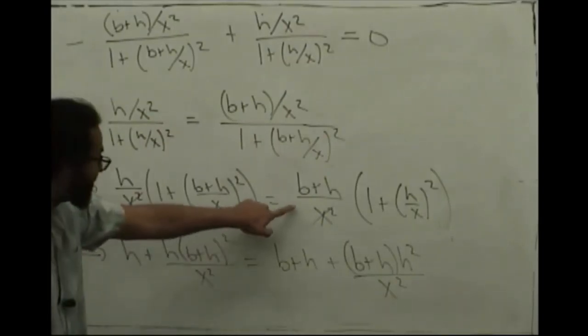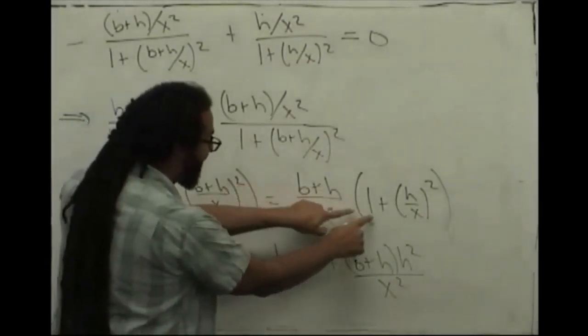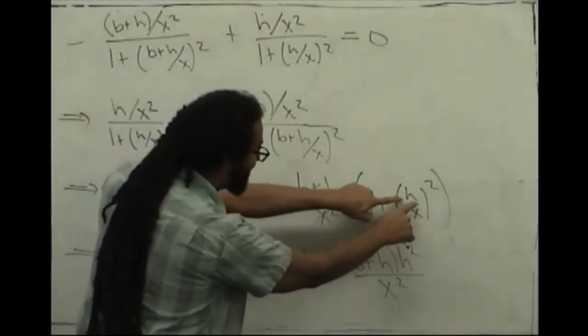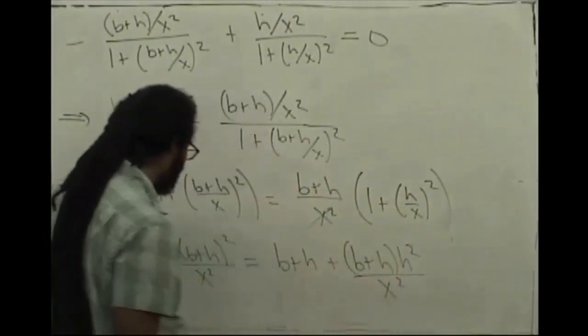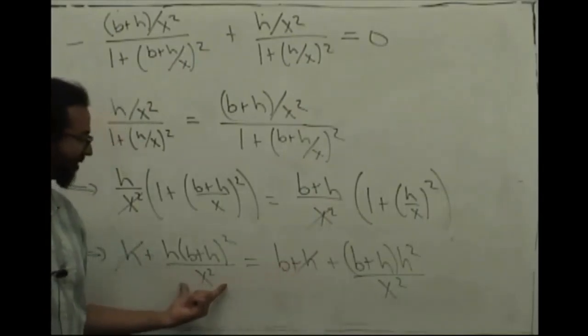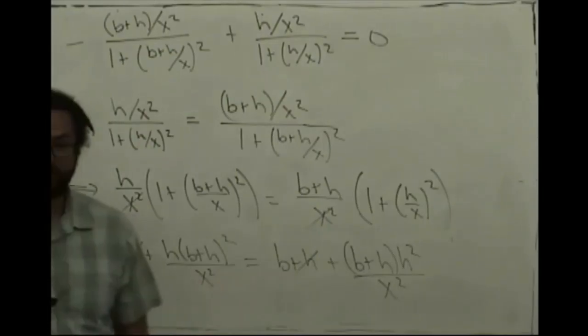And then do the same thing over here. B plus h times 1 is b plus h, and then b plus h times h squared over x squared. And so now, if you like, you can cancel off the h's. And so now we are just left to solve this equation for the variable x.